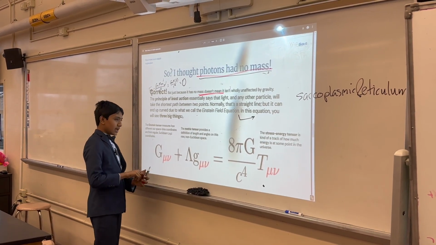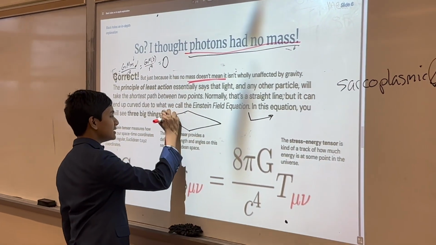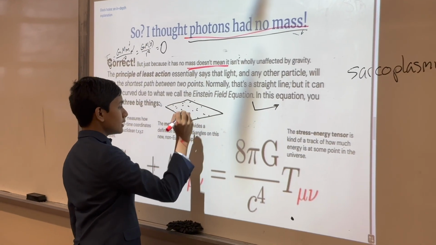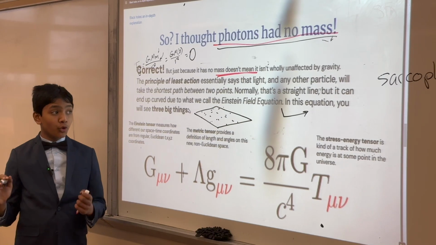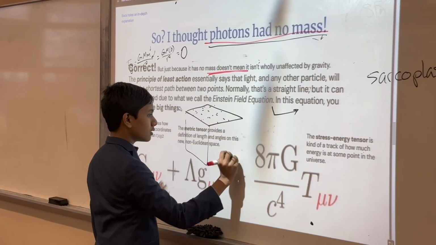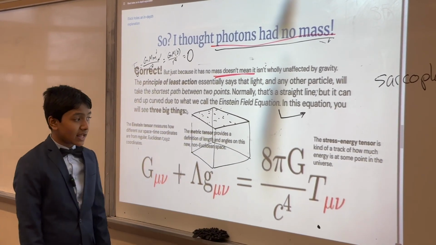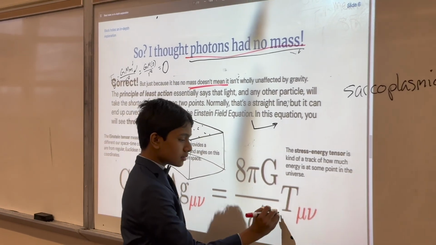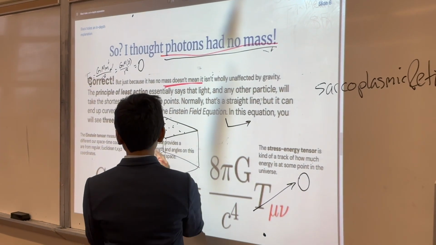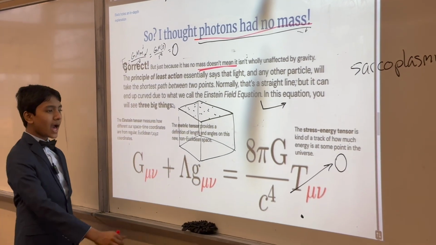So here's the thing. This is where we get into how space-time actually works. Now, if there's no mass in space-time at all, if space-time is a complete vacuum, then this matter-energy distribution is equal to 0. It's not warped at all, it's just normal Euclidean space. It's completely flat.